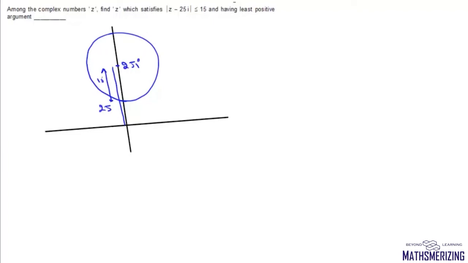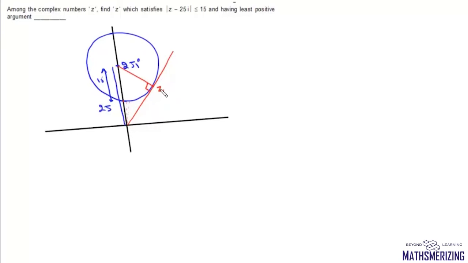Now it says we have to find that complex number z having the least positive argument. So here the argument is 90, and if we move towards the right, the argument keeps decreasing. We'll have the least positive argument when this line is tangent to this circle. So we are looking for this point, say z.